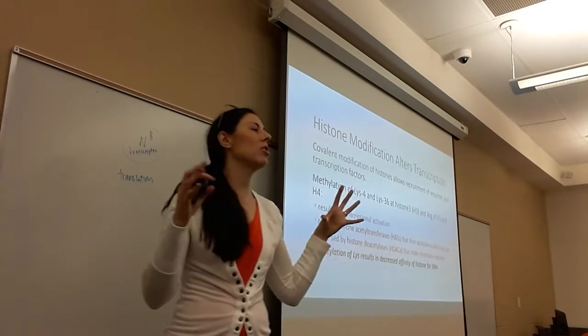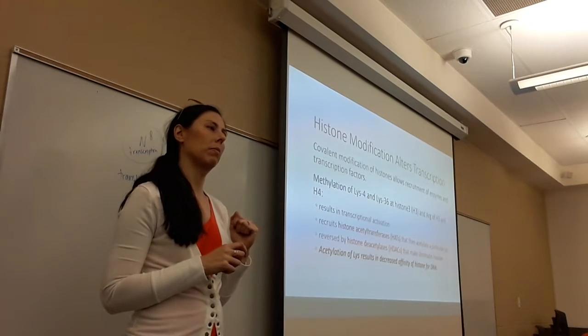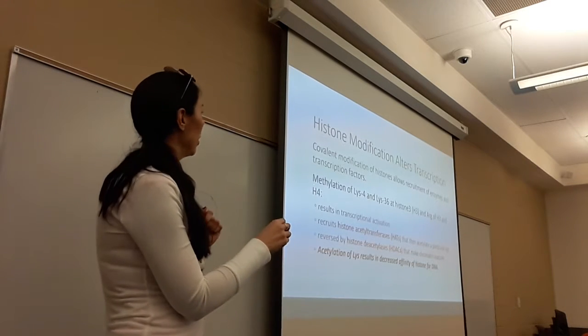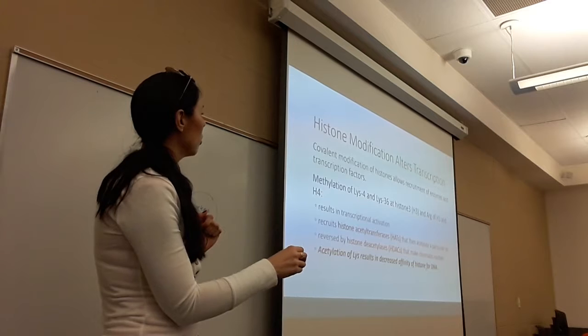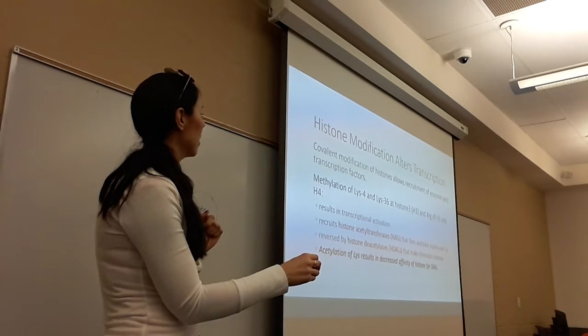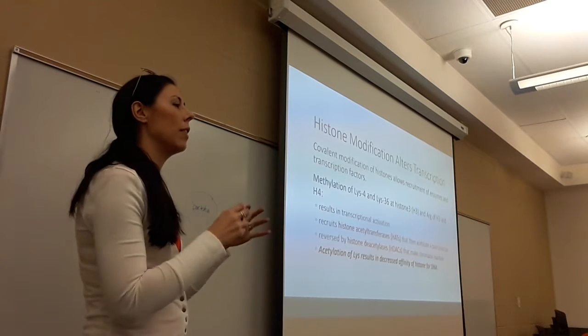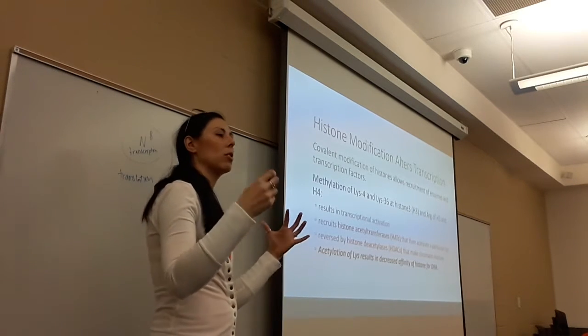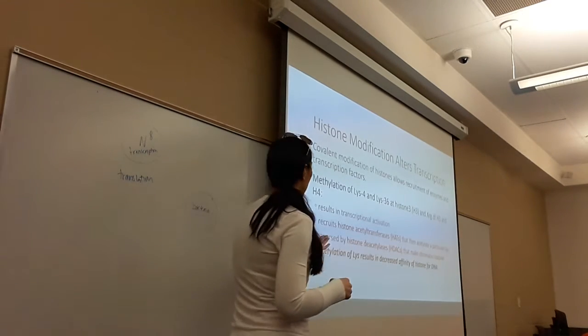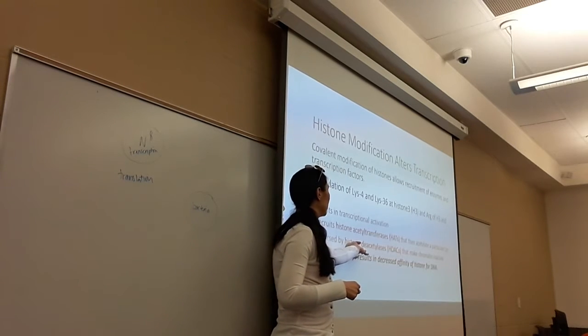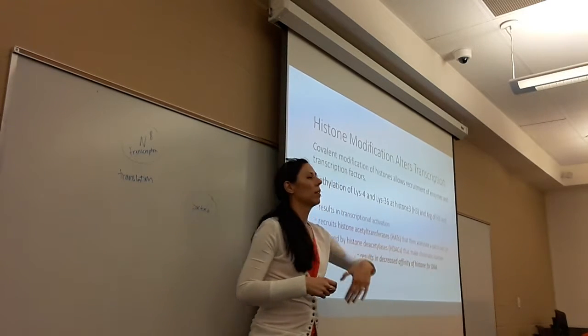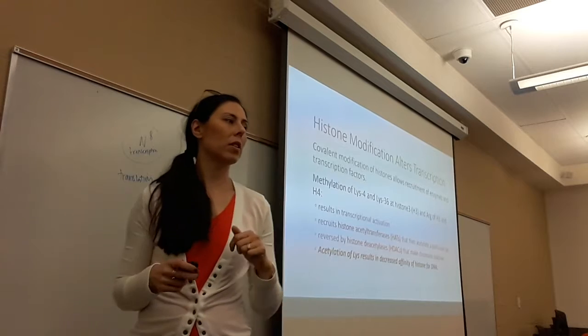It means the histones don't want to bind to the DNA anymore. So the methylation leads to an acetylation. The acetylation leads to the histone not binding well to the DNA. Therefore, it's exposed, transcription can happen. It's reversed by a histone deacetylase that helps to remove those acetyl groups.